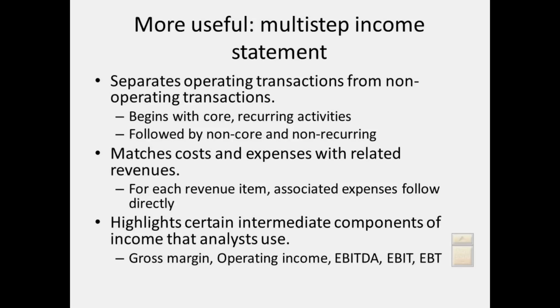I may have spent a lot of money on a marketing campaign, even though it didn't generate the sale. Those are less related to sales, and the prediction on those may not be as consistent a percentage of sales. And then it's basically providing me with intermediate subtotals, and those subtotals are things that people sometimes forecast.